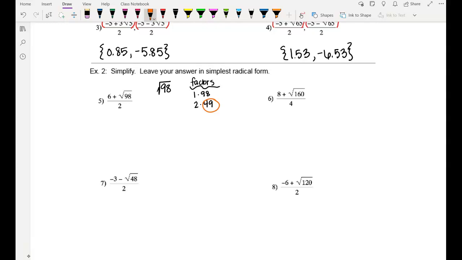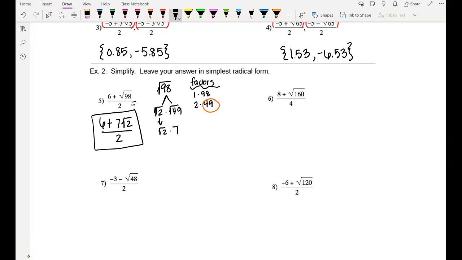So 98 is really the square root of 2 times the square root of 49, which becomes the square root of 2 times 7. So we can replace that square root of 98. This would be equal to 6 plus 7 radical 2 divided by 2.